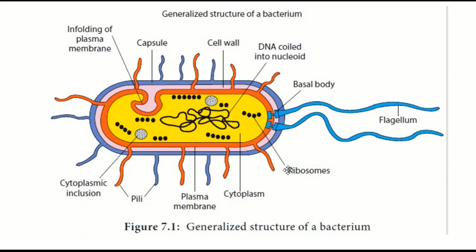And then we have this blue color flagellum. Actually, it is not in blue color, it is just a diagram. So flagella is a complex cytoplasmic structure which helps the cell for locomotion. It is for the locomotion purpose. Let me show you something.